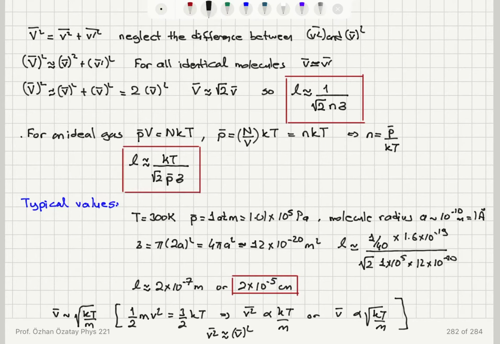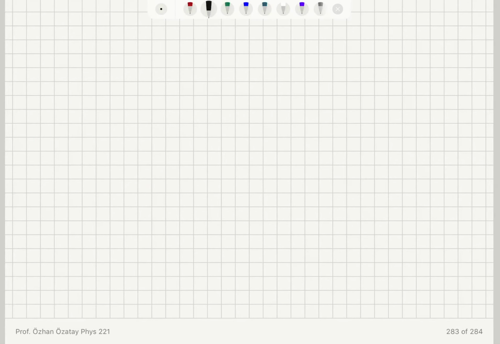So for helium gas, for example, the mass is 4 divided by Avogadro's number, 6.02 times 10 to the 23, grams. This is going to give us, for the mean speed of helium at room temperature, 24.5 meters per second.